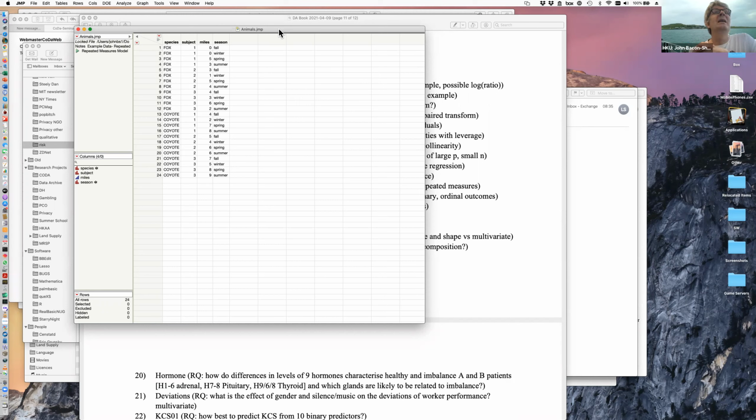So these are repeated measurements. In other words, the subject not only is nested inside species, it's a random effect, right? So we have these repeated measurements. So that means the standard linear model assumptions are faulty because the variability within subject, right, is what we're focusing on here.